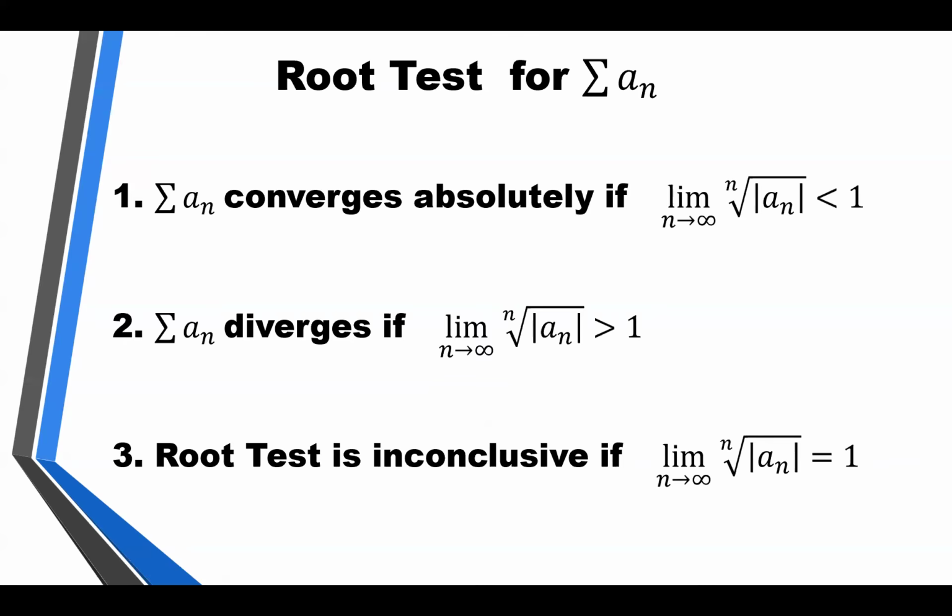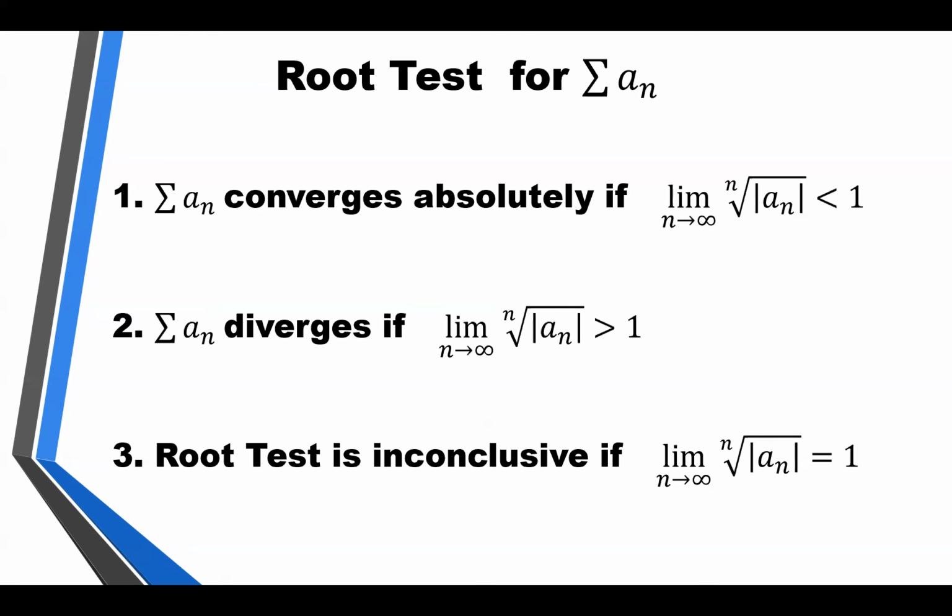The other test that we're going to look at in this section is the root test. The root test says an infinite series converges absolutely if the limit as n goes to infinity of the nth root of the absolute value of a sub n is less than 1.